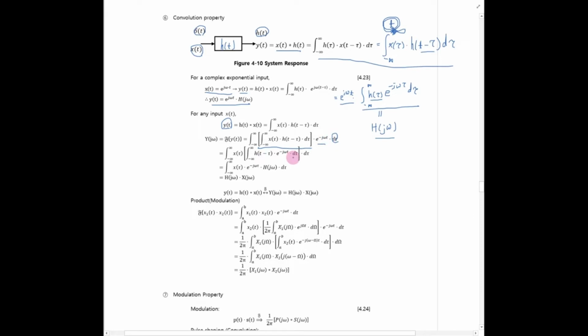So t is changing from minus infinity to infinity, h(t minus τ) times e to the minus jωt. This part should be calculated first. Then let's try to find this one by a change of variable. Let this one be ξ, so ξ is t minus τ. Then dξ equals dt.